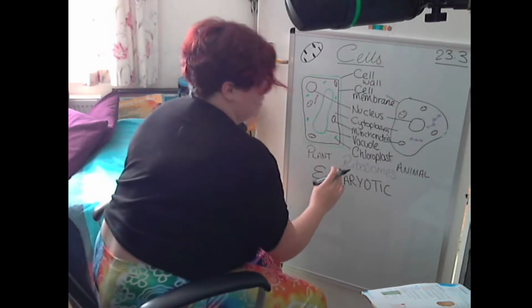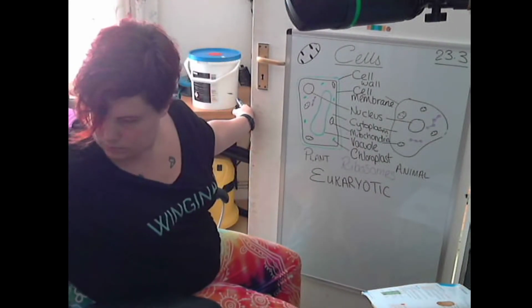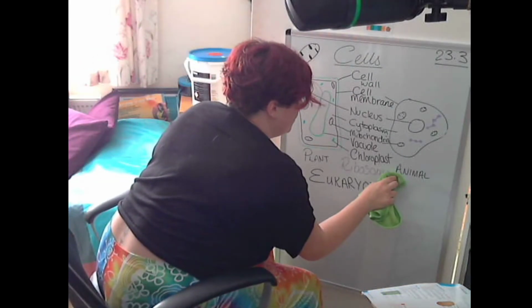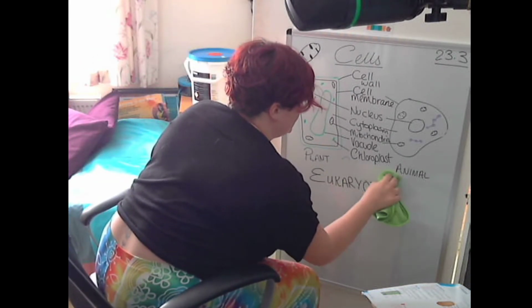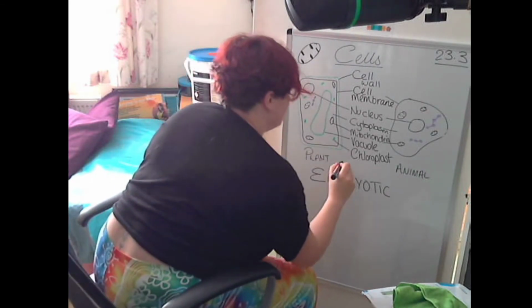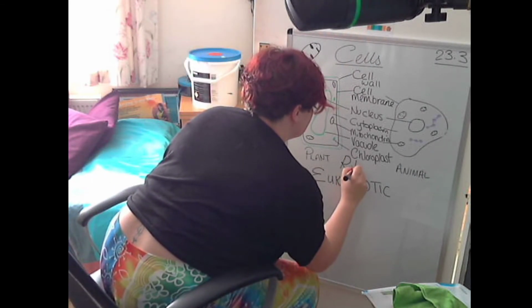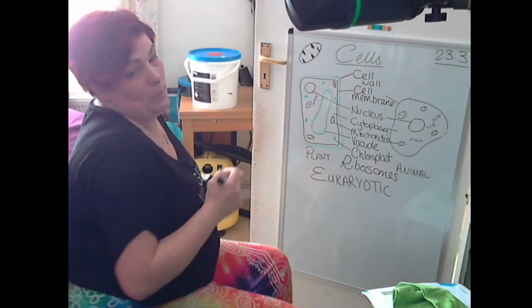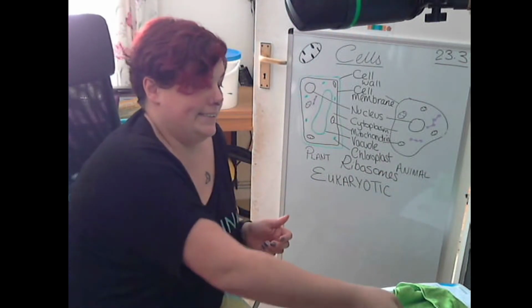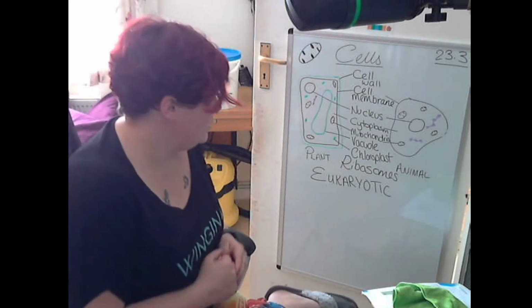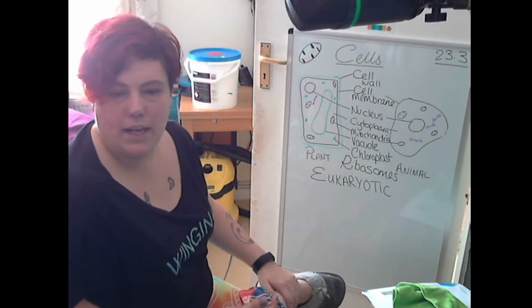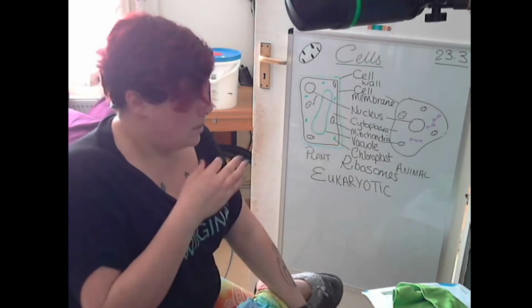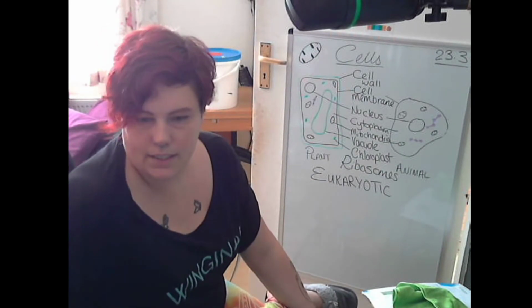Actually, I'm just going to rub that out and go over that, so again it shows up slightly better. They are ribosomes. And for those of you doing GCSE, ribosomes have a very, very important role. They are where protein synthesis occurs.